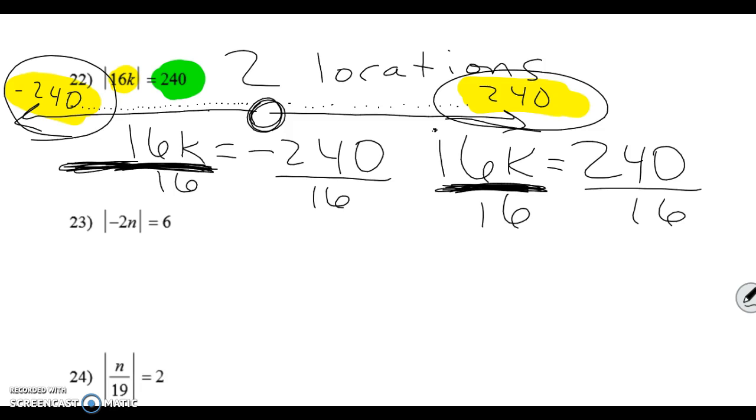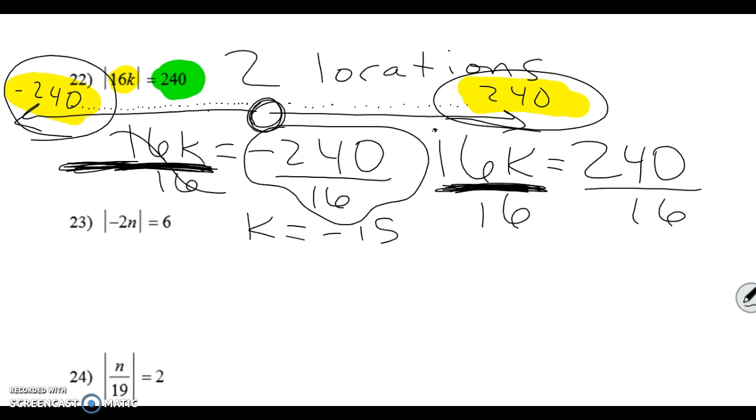So now we know what to do. We're going to cancel, and that K is going to equal whatever this solution is. Is it 15? Negative 15, right? Yeah, negative 15. And over here, that's going to cancel, and this is going to be positive 15.